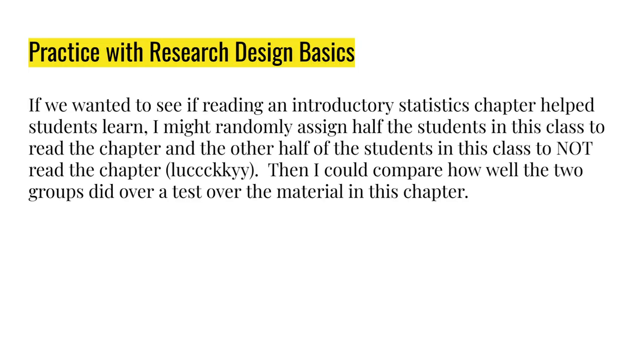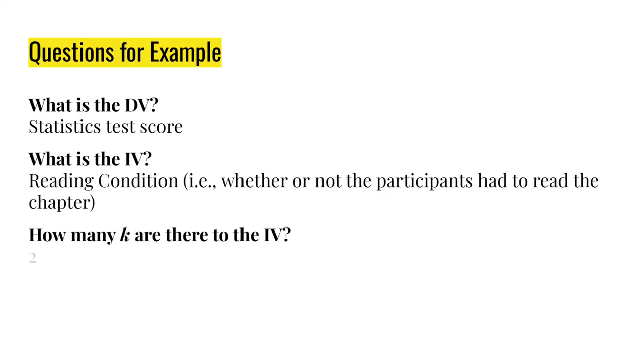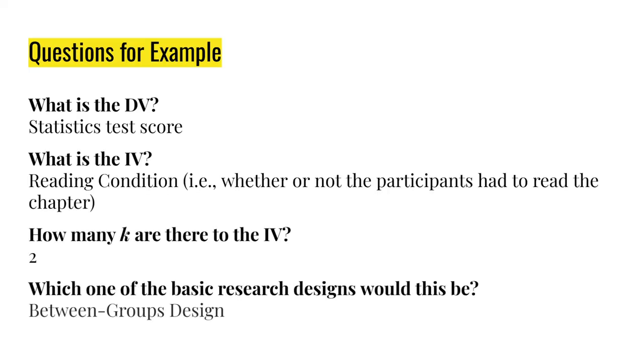And we can go back to the prompt. What type of basic research design would this be? Pause me, say it out loud, and then push play to find the answer. If you said this was a between groups design, you're correct.